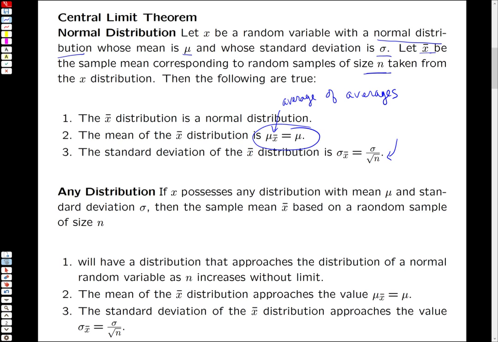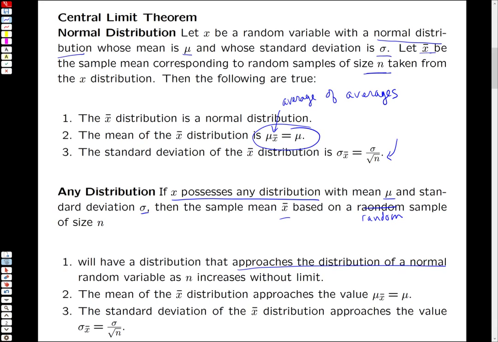If you don't know your original distribution is normal, so X possesses any distribution, it still has a mean, mu, and a standard deviation, sigma. The sample distribution X bar, based on a random sample of size n, will have a distribution that approaches the distribution of a normal random variable.